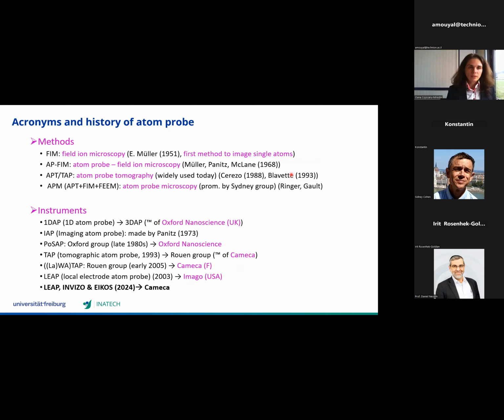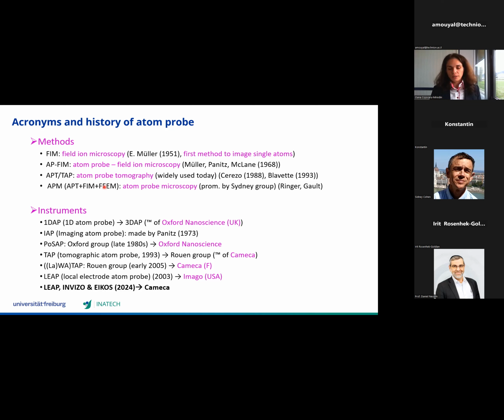So what are the methodologies which have been used and developed over the years? As I said, in the 1950s, we have the field ion microscopy with Erwin Müller. Then Panitz came and developed the concept of atom probe, because the field ion microscope does not say anything about the chemical identity. It just says how the ions are distributed structurally on the surface of the tip.